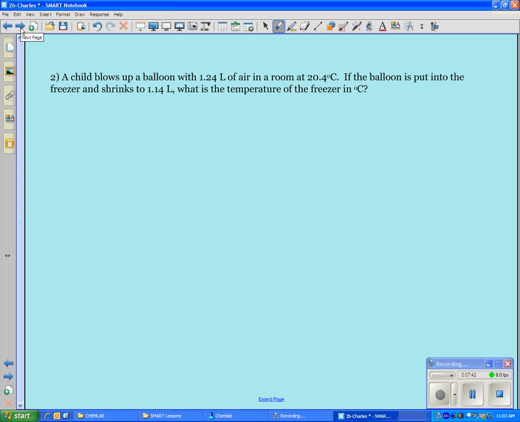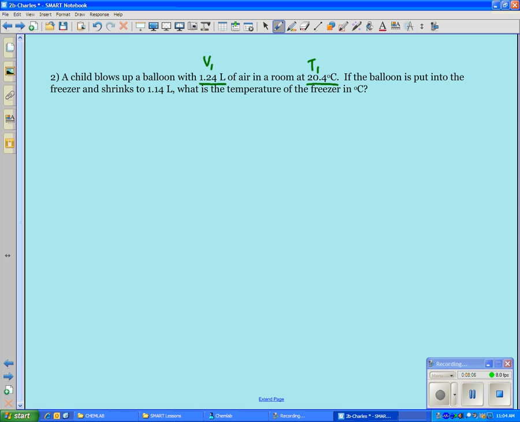Let's do one more example. A child blows up a balloon with 1.24 liters of air in a room at 20.4 degrees Celsius. So 1.24 liters is our starting volume, V1, and 20.4 degrees Celsius is our starting temperature, T1. Because it's in degrees Celsius, we know we're going to have to change that.